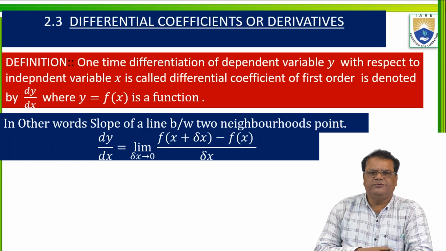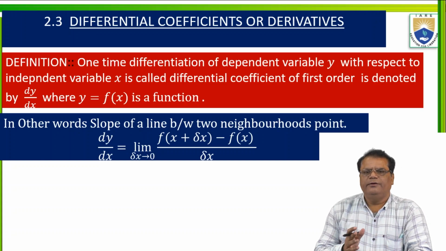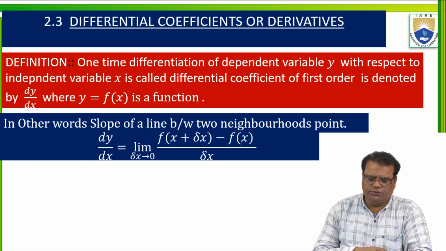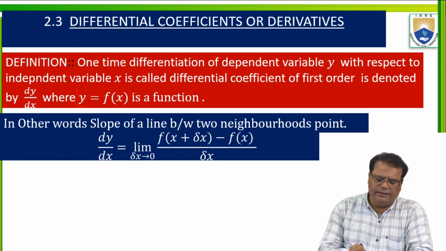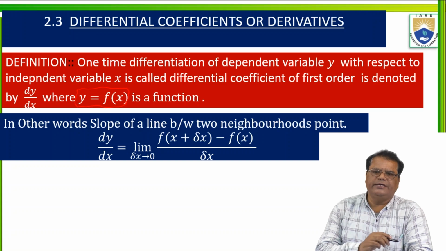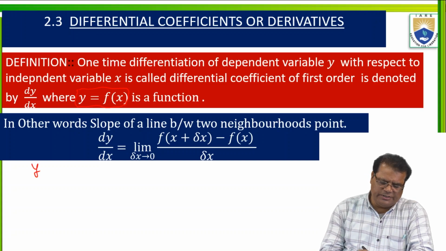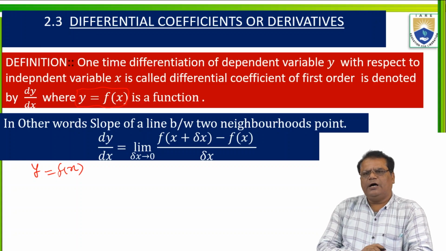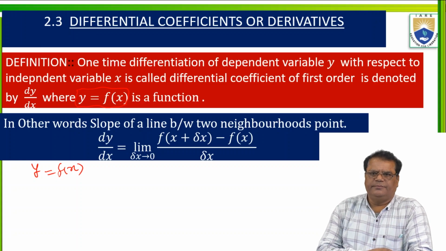The dependent variable y depends on the independent variable x. So here we take the function y equal to f(x), any function. Now, how can we define a derivative?